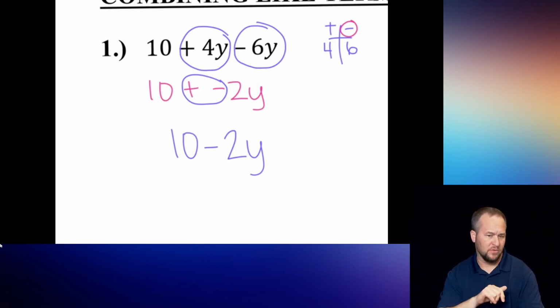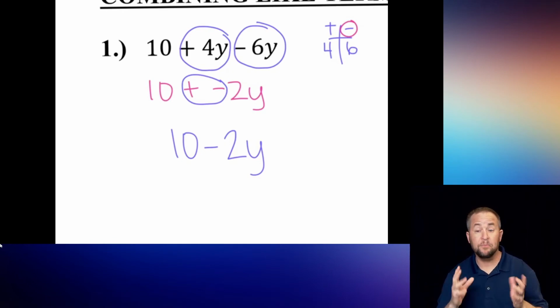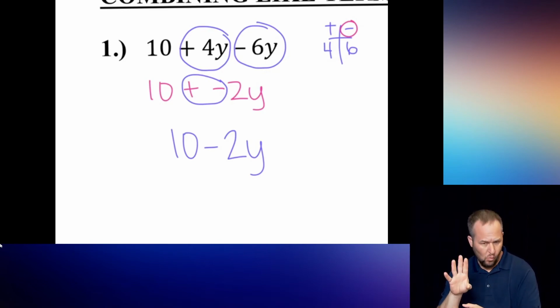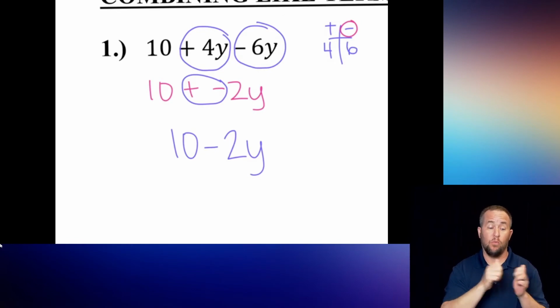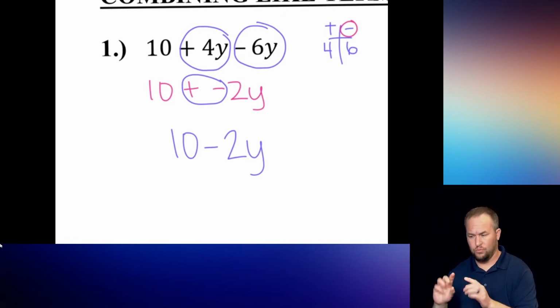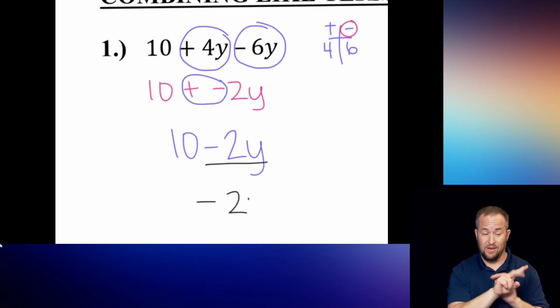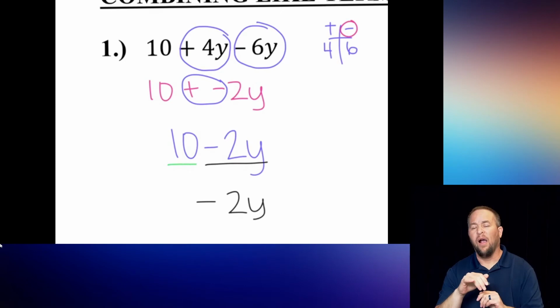And then kind of a little bit more advanced for you is to put this into standard form. And so standard form is where you always go from your highest exponent or your biggest exponent all the way down to no exponent at all. So even better would be to flip this around so that I have negative 2y. And then notice that this is just 10, which is the same thing as a positive 10.